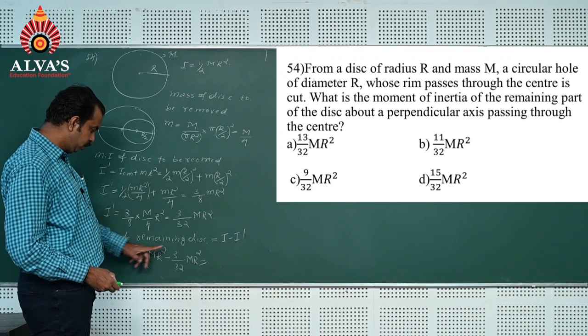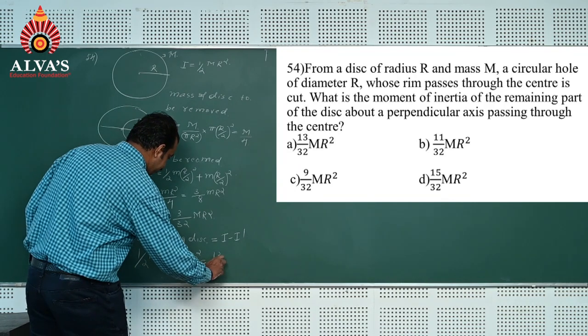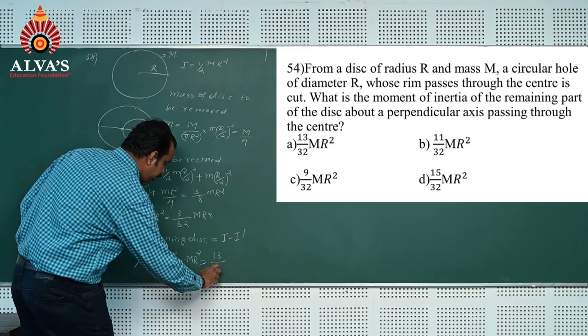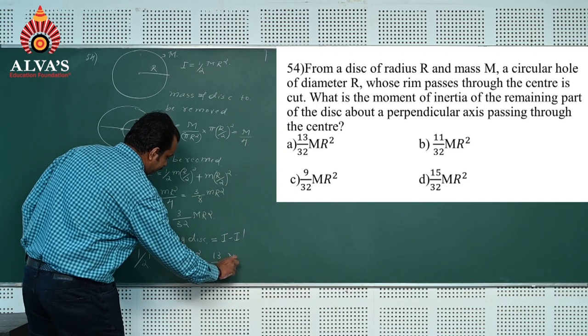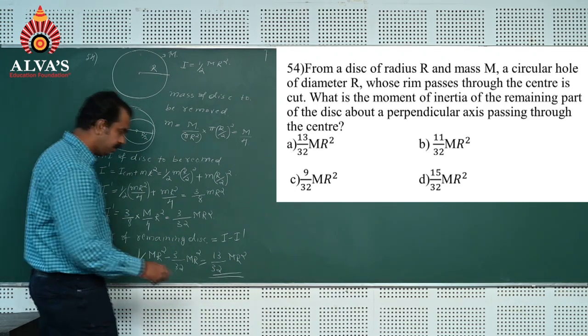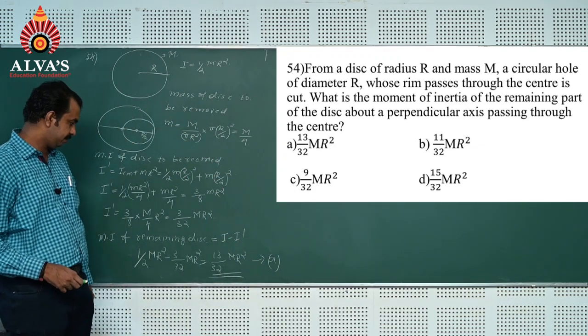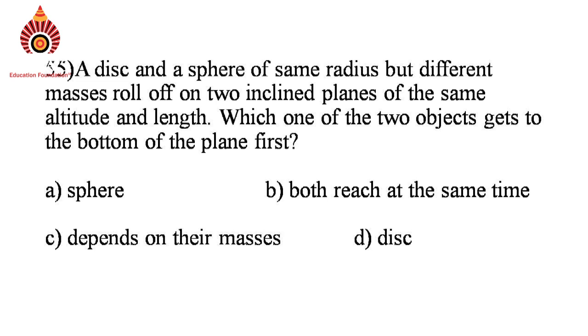It is 16 into 16 minus 3, 13. 13 by 32 mr square is the correct answer. 13 by 32 mr square means option A is the correct answer. Option A is correct.